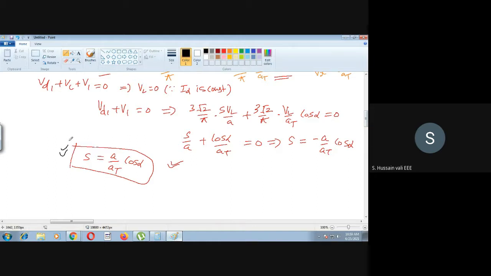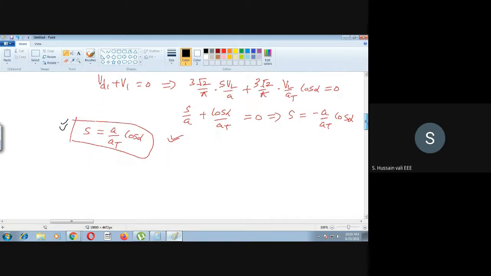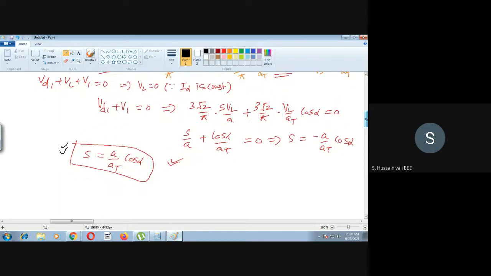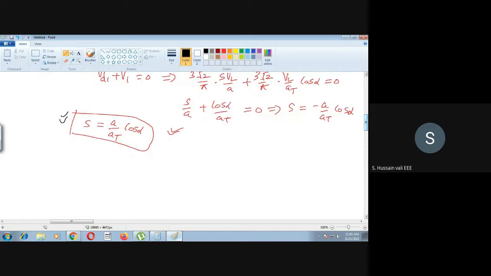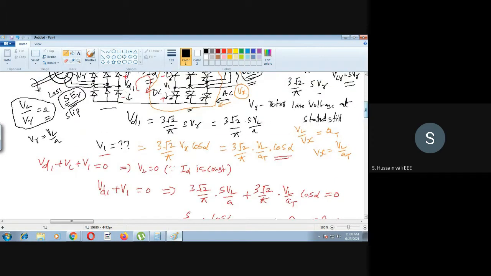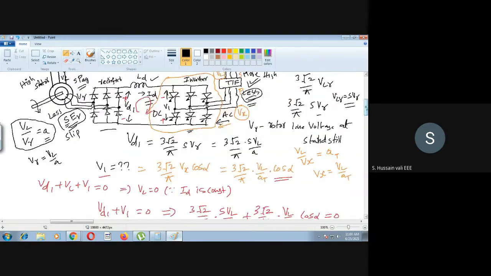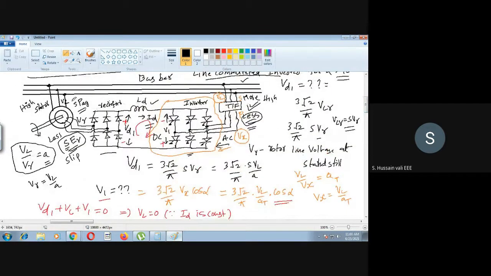Before you use this further, we'll do one more thing. What about the air gap power here? If we take the system as ideal, what is the air gap power here? SAG. SAG is the air gap power, which you are collecting from this side, and we will take this entire part as ideal elements.